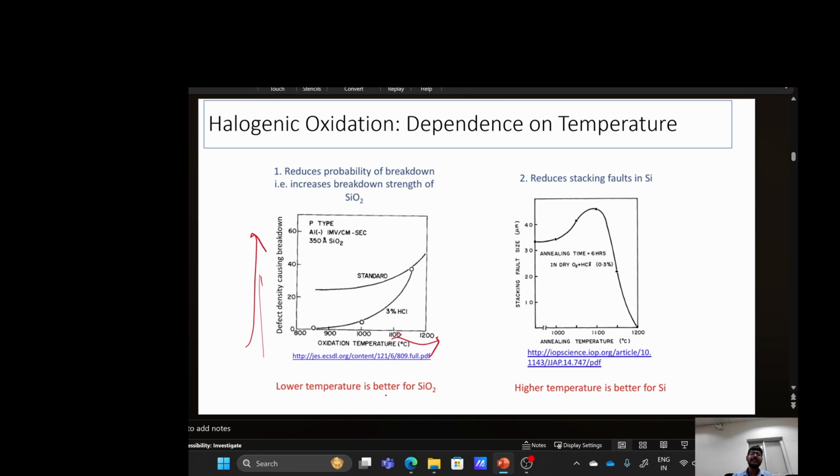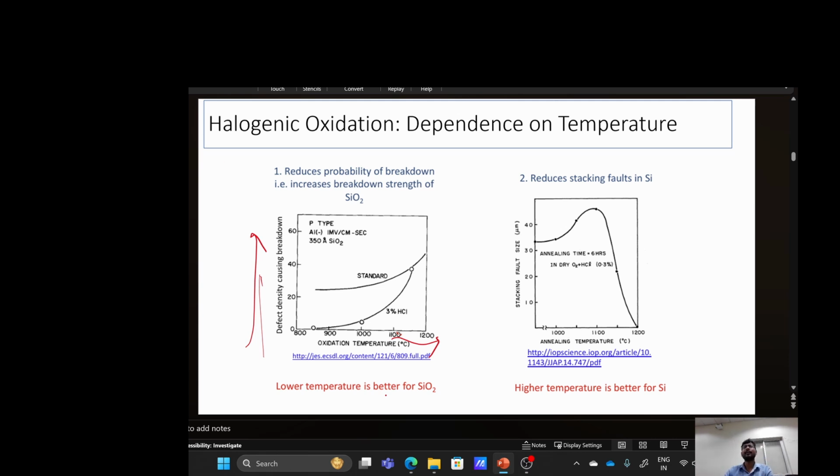At that moment the device is damaged, and we do not want that. That happens because of these ionic impurities. So how can we reduce it? By annealing, by doing the halogenic oxidation.